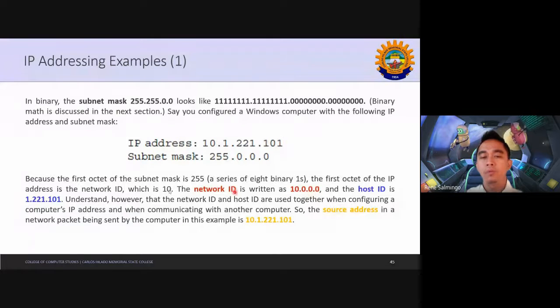And if I am going to ask you what is the host ID, for a class A IP address, from this one up to this one would be your host ID. Take note, not all IP addresses have the same scenario.